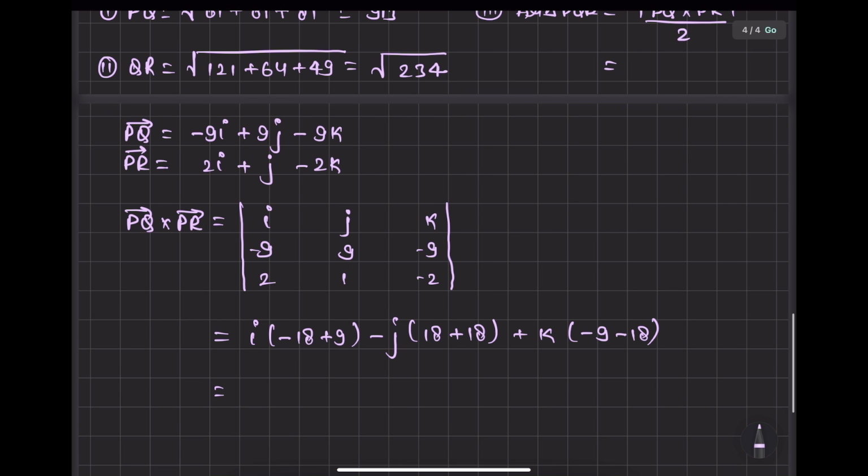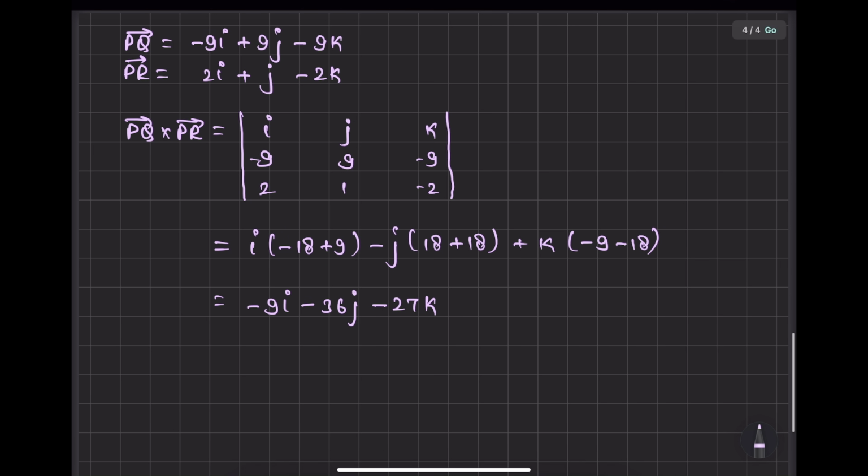So we got -9i, 36j and -27k. Okay, so this is your PQ cross PR. Now we have to find the area of triangle PQR.